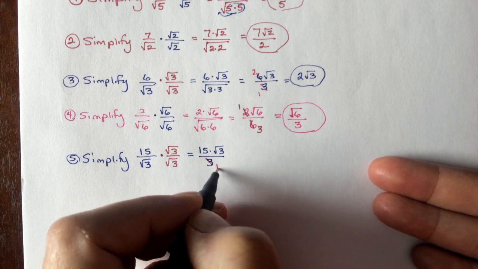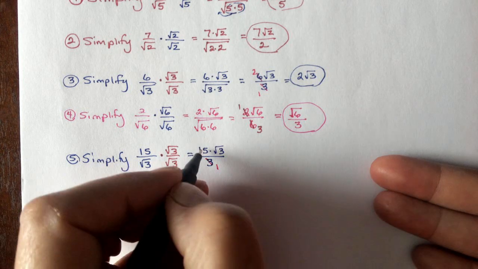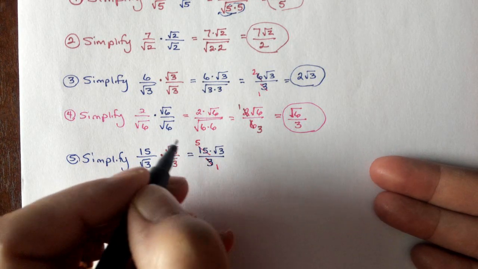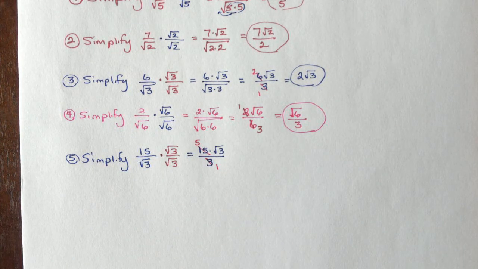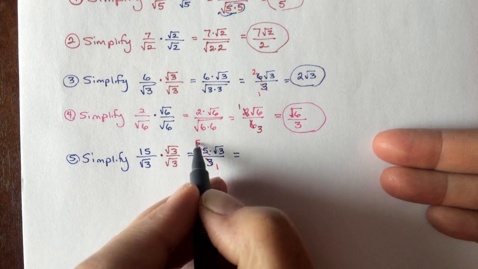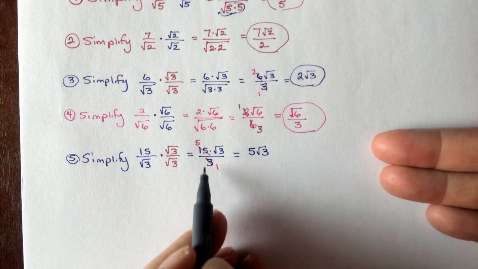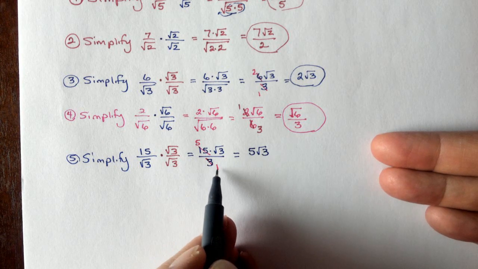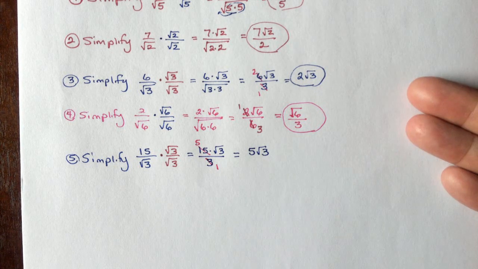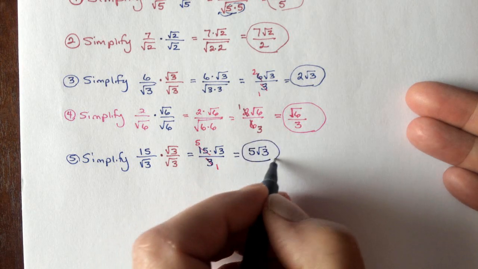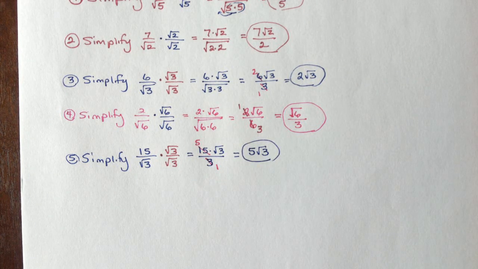So 3 will divide 3 one time. 3 will divide 15 5 times. So in the numerator we have 5 times radical 3. In the denominator, an understood 1, we can drop that. So final answer is 5 radical 3.